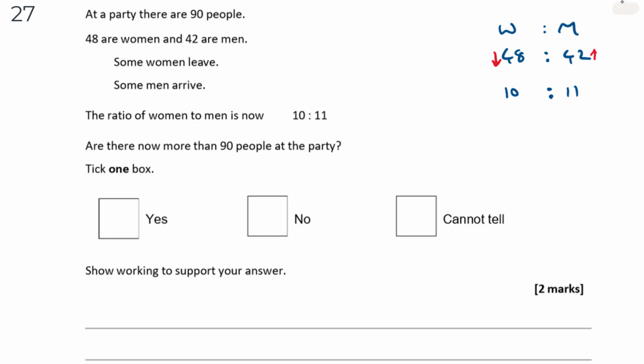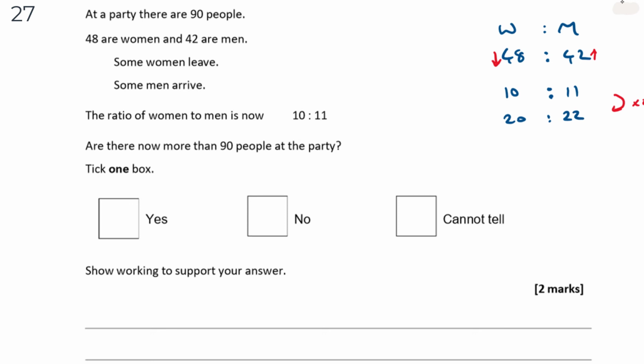Okay, now can I make a kind of equivalent ratio out of 10 to 11 that accommodates that situation up there? Okay, now let's just think of all the multiples of the ratio 10 to 11, all the equivalent ratios. So if I multiplied both parts by 2, for instance, the ratio would be 20 to 22.